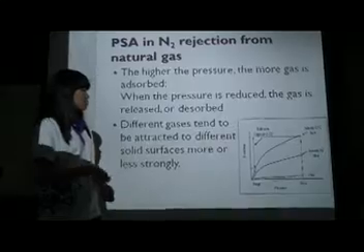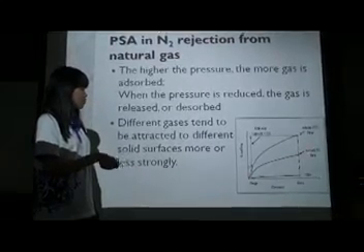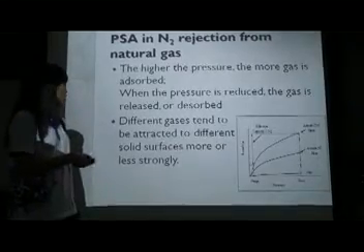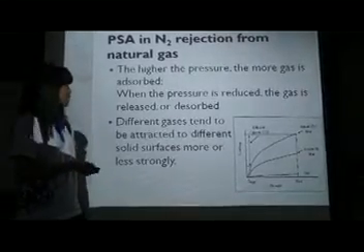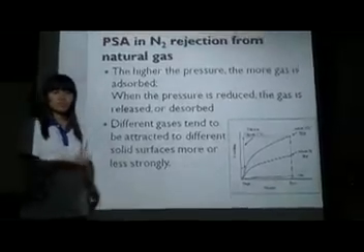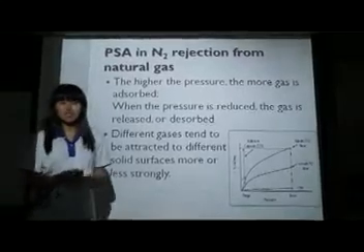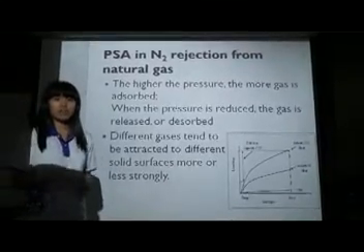You can see from this graph, if the pressure is high, the level of sorption is higher for CO2 than nitrogen. So this is what is applied in the industry for nitrogen removal using PSA. Next, I will pass to Farouk to explain the other application.